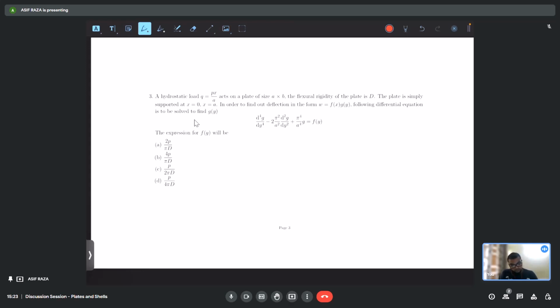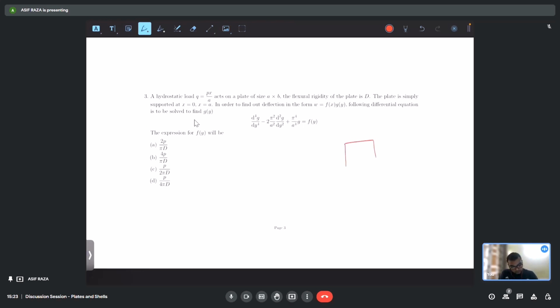So we are given with the condition it's simply supported at x equal to 0 and x equal to a.